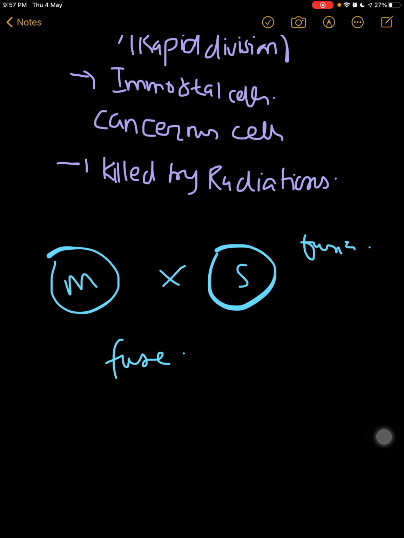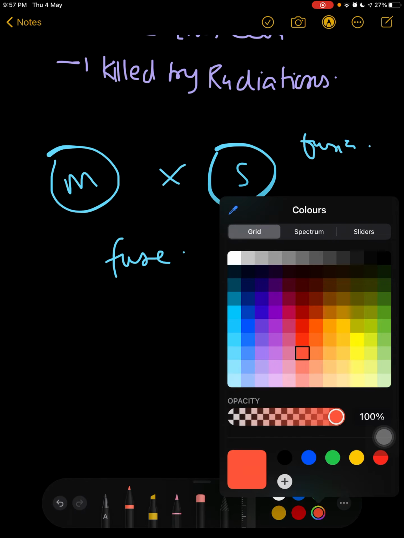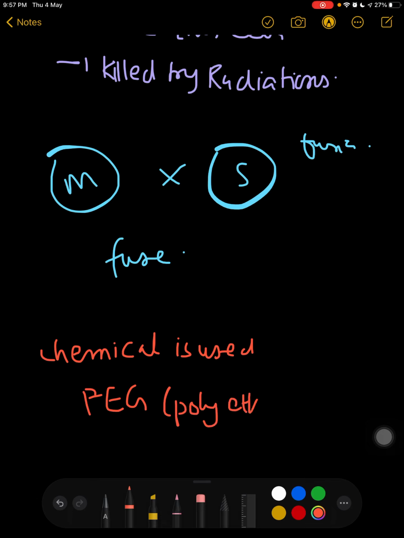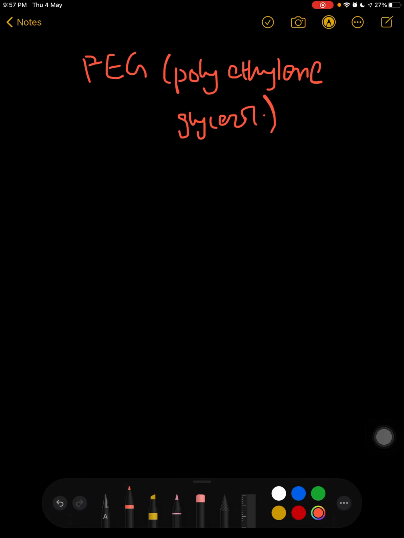A chemical is used to fuse these two, known as PEG, polyethylene glycol. It fuses the myeloid cells and the splenocyte cells, so a new cell is formed, like splenocyte multiplied by myeloid cell.